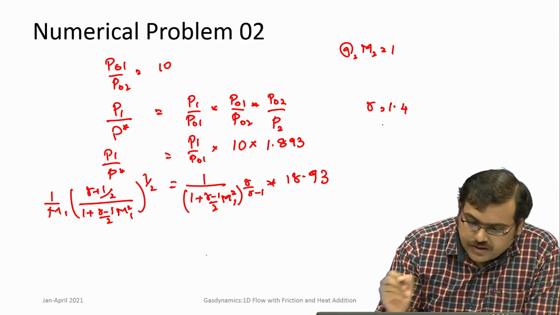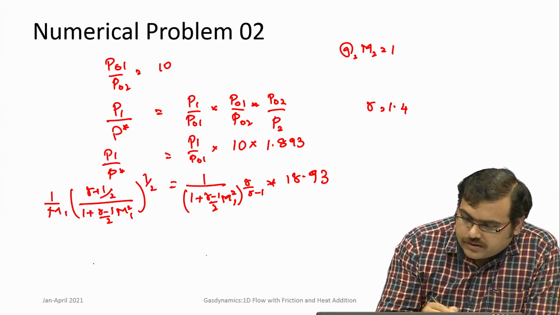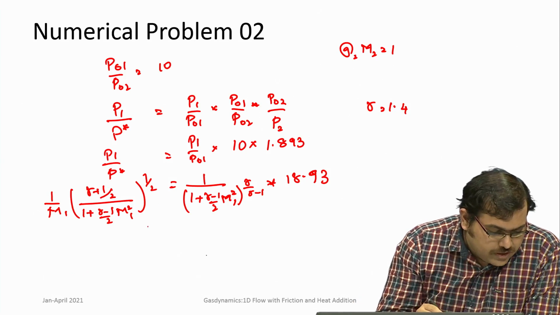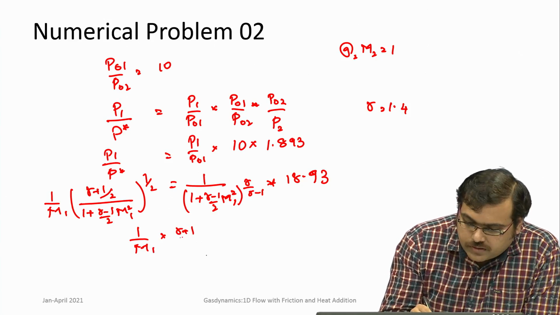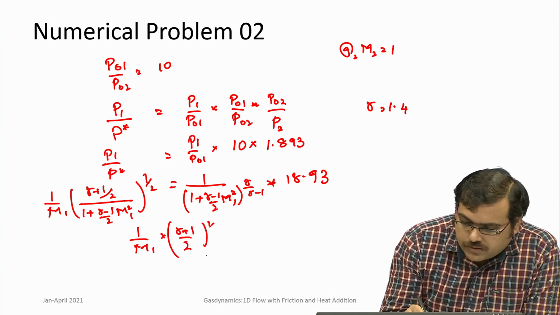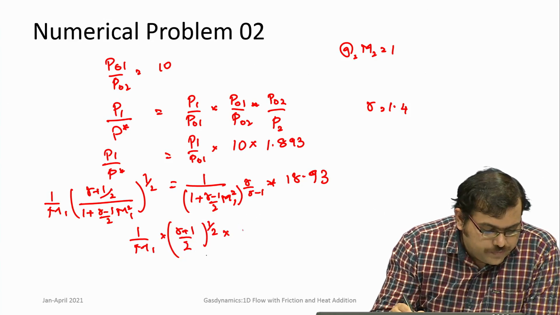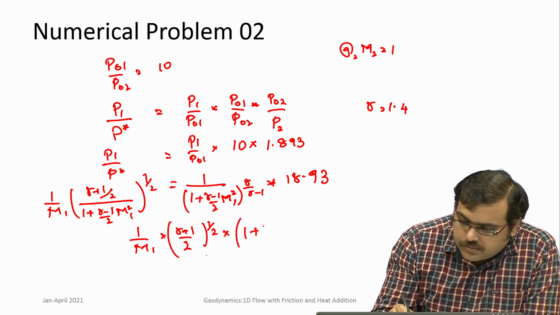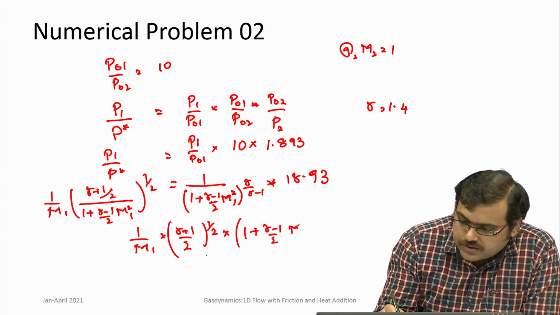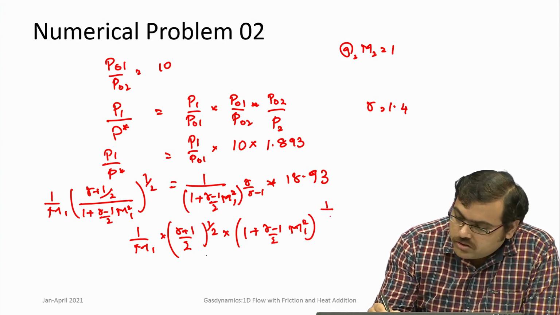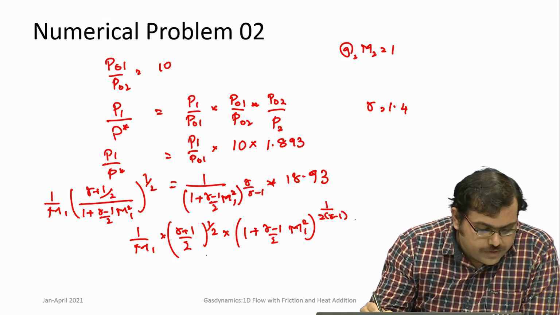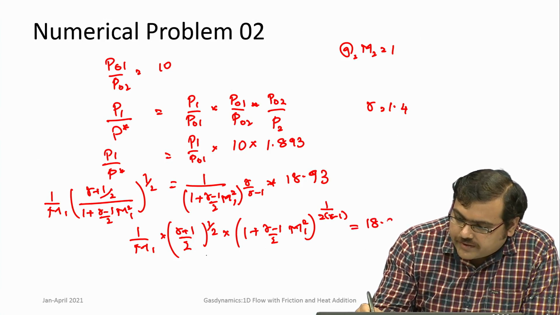Okay. We can further take M1, this parameter over here, and you will get this as 1 by M1 multiplied by gamma plus 1 by 2 multiplied by 1 plus gamma minus 1 by 2 M1 square whole power 1 by 2 gamma minus 1, okay, equal to 18.93.